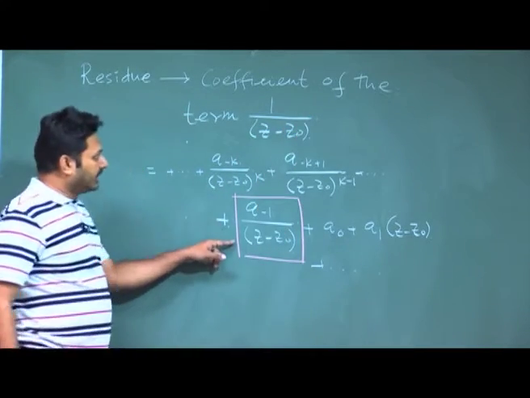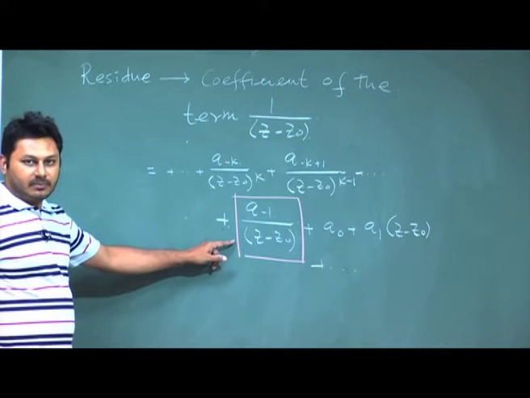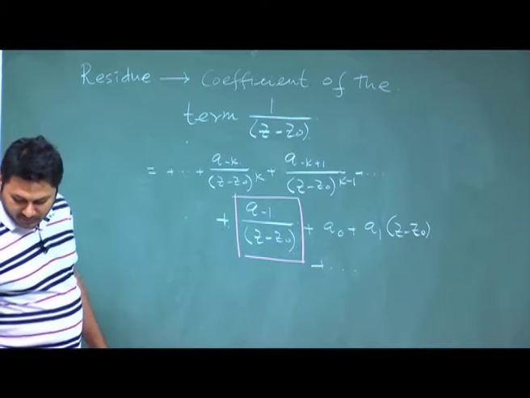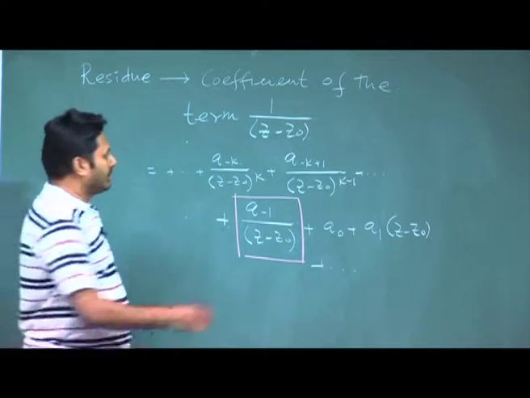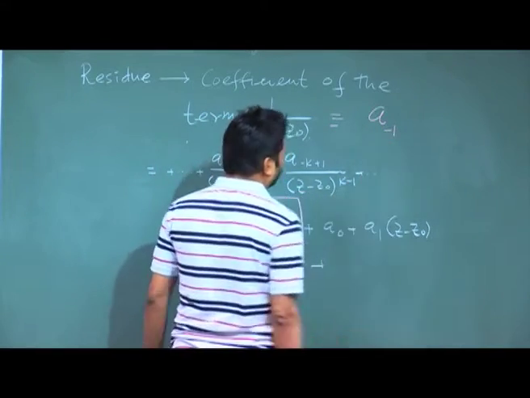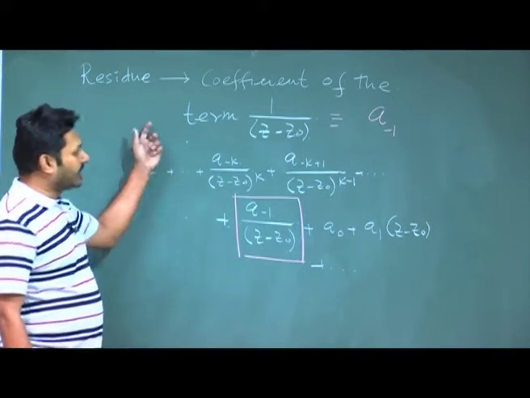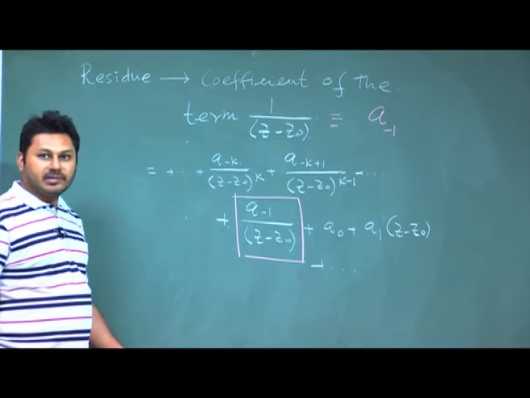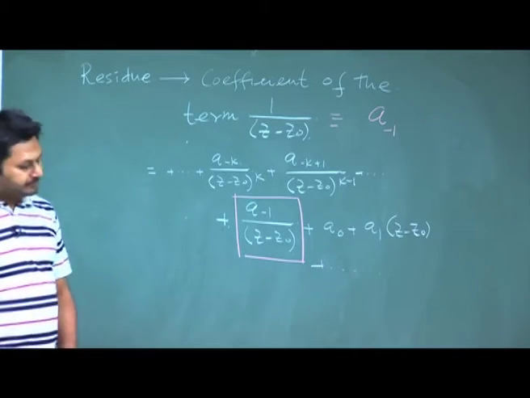Note that the coefficient of 1 divided by (z minus z0) is a_{-1} according to our notation. This coefficient is termed as residue.